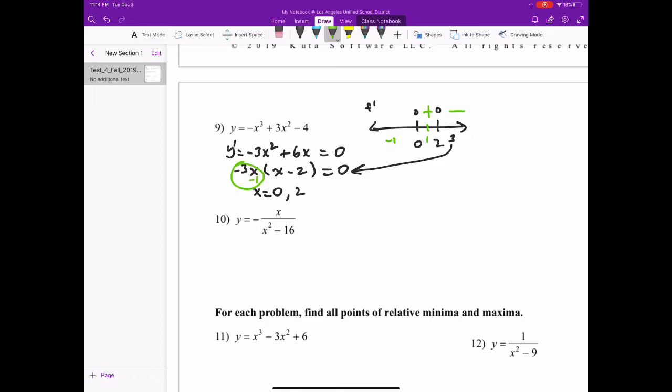And this is going to be a negative. So negative times a positive takes us back to being a negative. So we are decreasing, let's go ahead and write this out. We're decreasing in this section here and this section, but yet we're increasing in this middle section here.